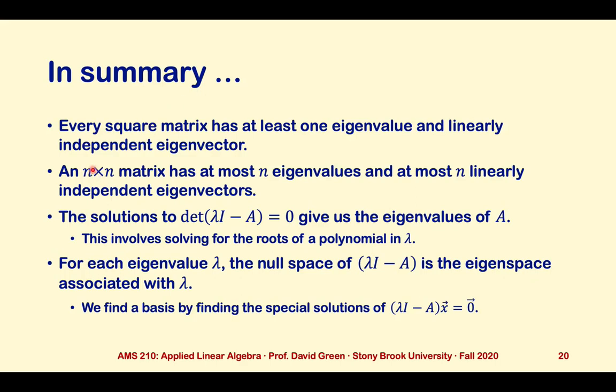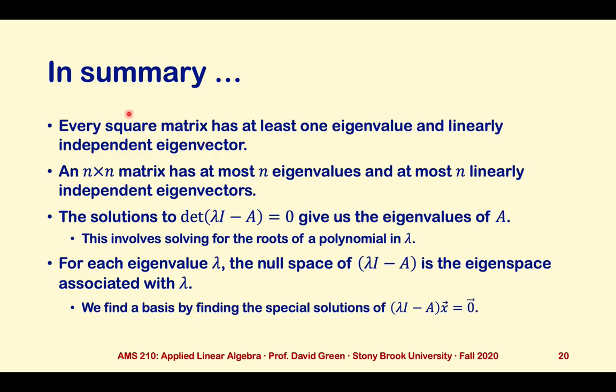An n by n matrix has at most n eigenvalues and at most n linearly independent eigenvectors. But various possibilities in between these two bounds can exist. We can have fewer than n eigenvalues. We can have fewer than n linearly independent eigenvectors.